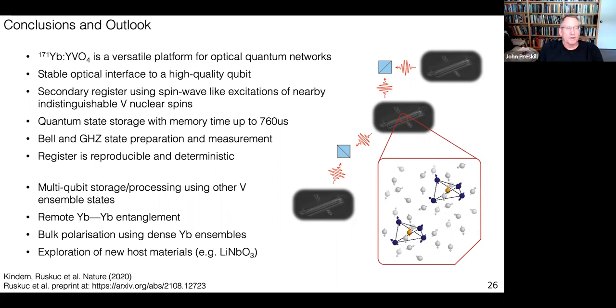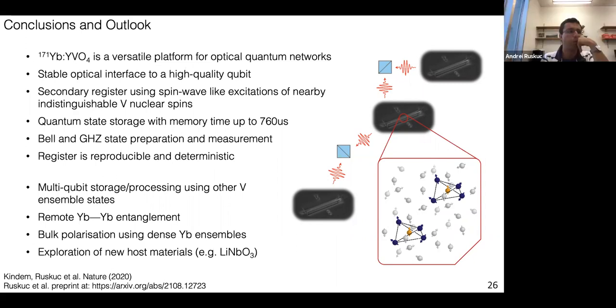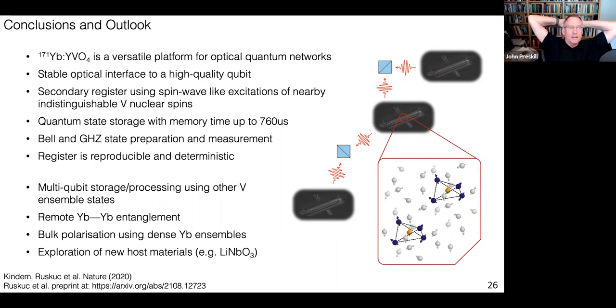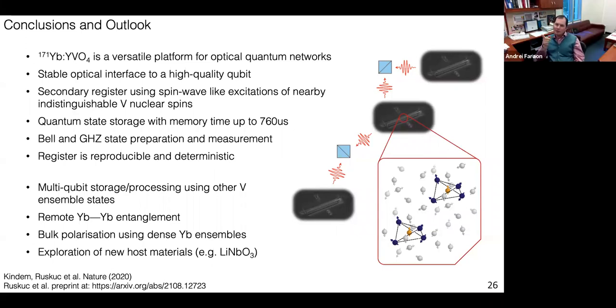Could you remind us what the corresponding numbers are now for NVs? I'm not sure I have those off the top of my head for their most recent results. Are you talking about a two-node quantum network or three-node? I'm talking about the rate of entanglement generation and the fidelity of the entangled pairs. Were you comparing with a three-node or a two-node?